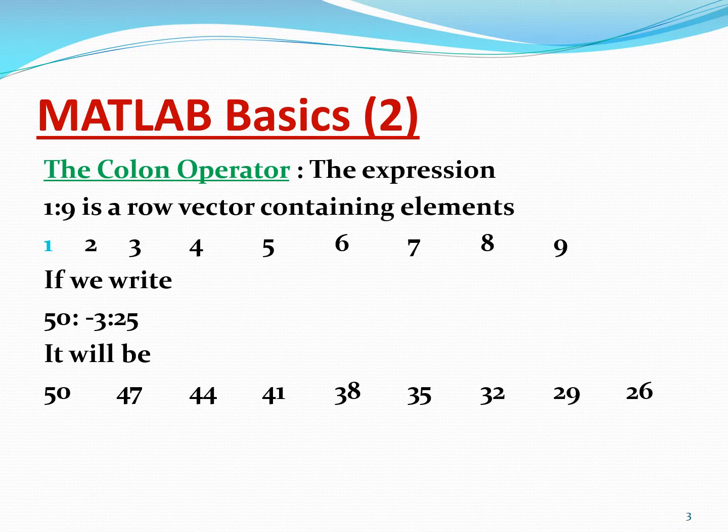Now if we write 50:-3:25, we start with 50, the original number, and then keep subtracting 3 from it: 50, 47, 44, 41, 38, 35, 32, 29 and 26, and next is 23. So we cannot cross 25, because the limit which we have given in the command is 25.